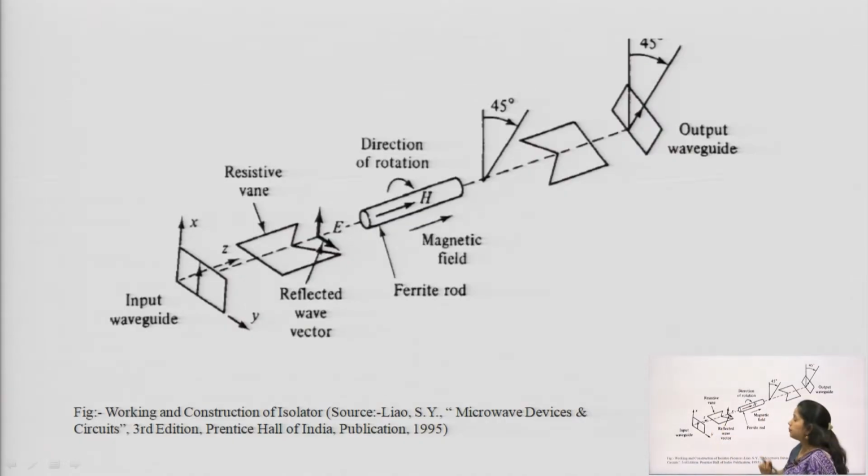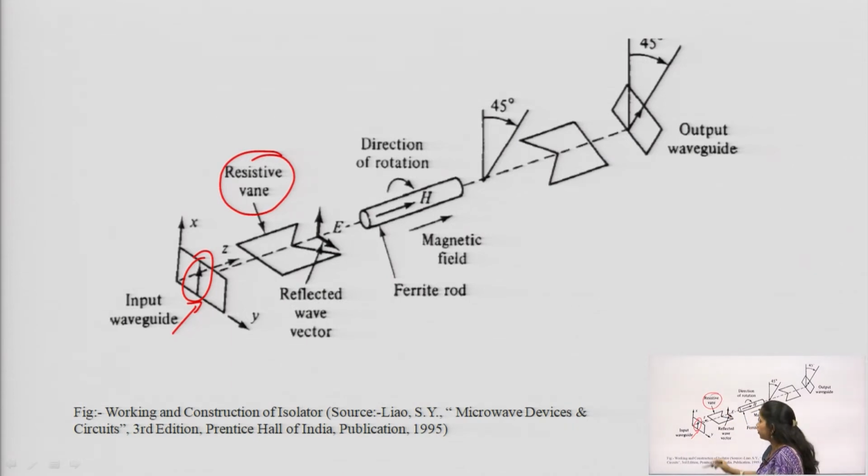This is a diagram which shows the working of an isolator. First of all, the wave is going inside through a waveguide and it is vertically polarized, and this is a resistive card, which is also vertically polarized. So, it will go inside, and here is our ferrite rod.